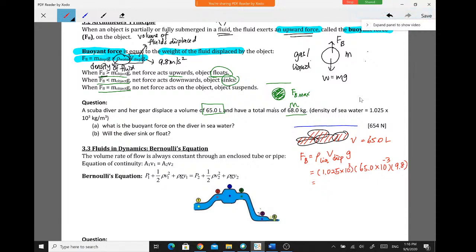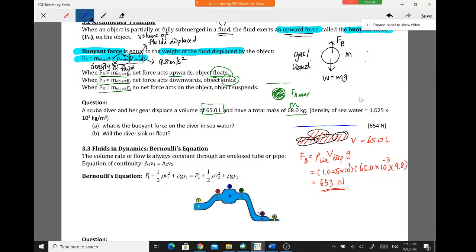So, how much do you get? 653 Newton. So this is the total buoyant force acting on the diver.